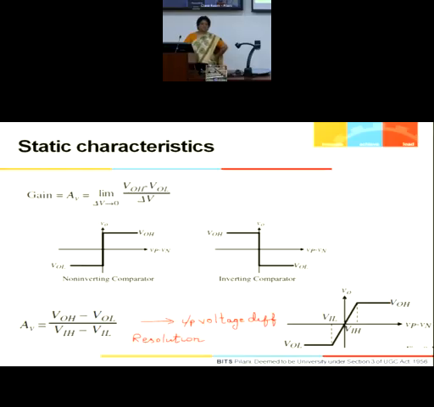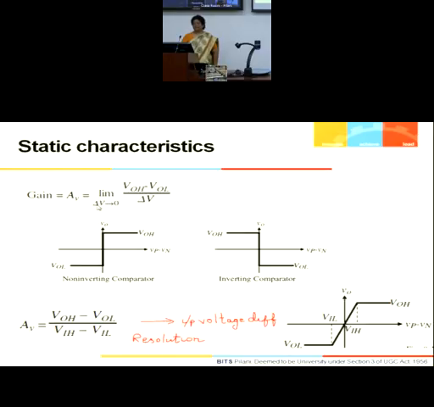So in this situation, delta V in becomes VIH minus VIL. This much difference you require between your input terminals to change the state of a comparator from low to high. Clear? So we are slowly moving towards the practical transfer characteristic.